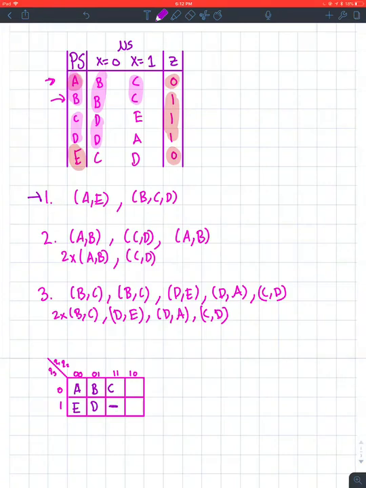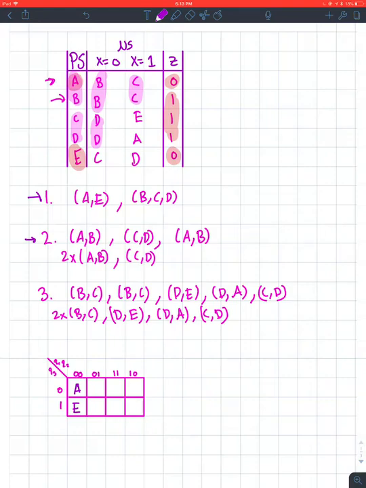The only way I can group B, C, D together is if I have a don't care right here. So now I look at my next step. I have AB, which I already have covered. CD is not covered, so I'm going to have to find a way to manipulate my K-map so that C and D are covered. So let's try.